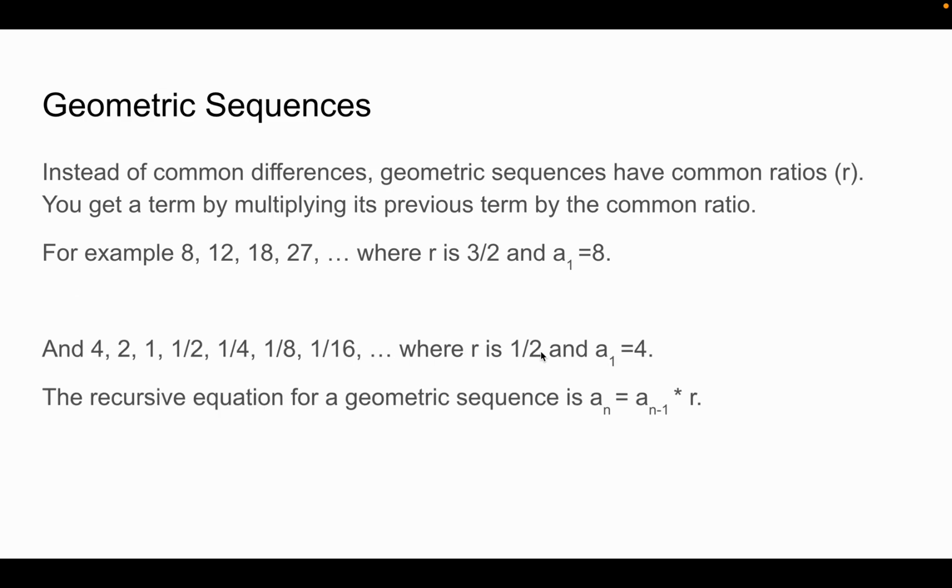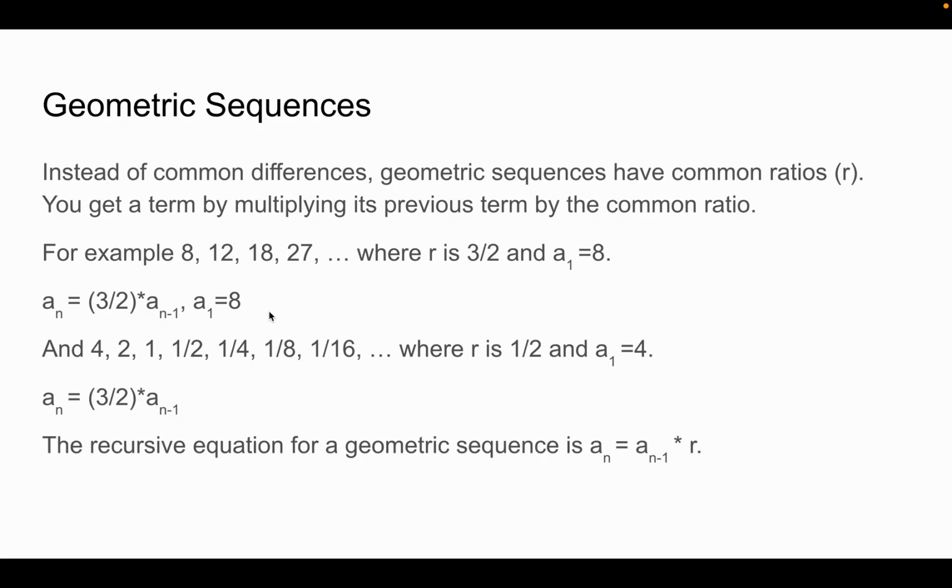Our recursive equation is going to be an equals 3/2 times an minus 1. I just moved r to the front for formatting purposes. We also need the base case, which is a1 equals 8, for the same reason as before.